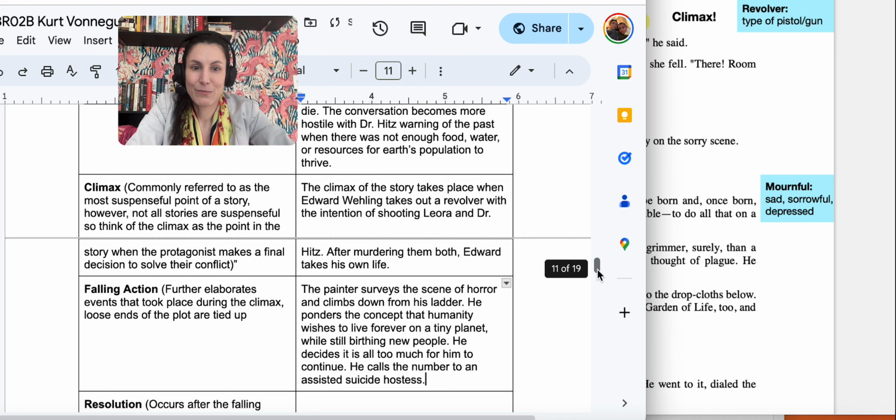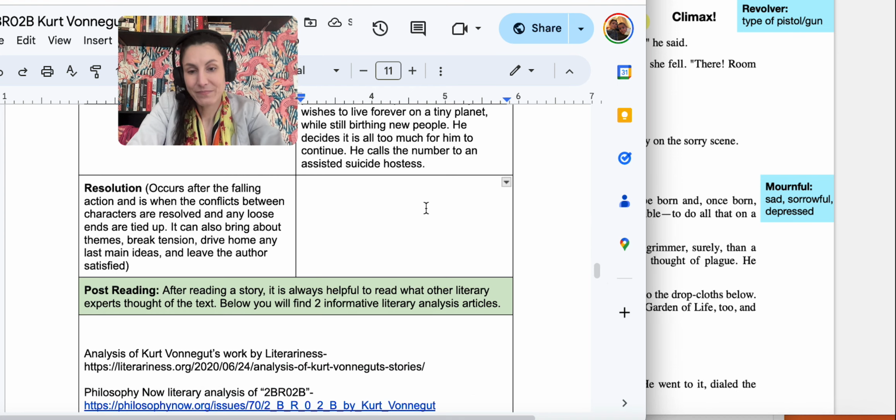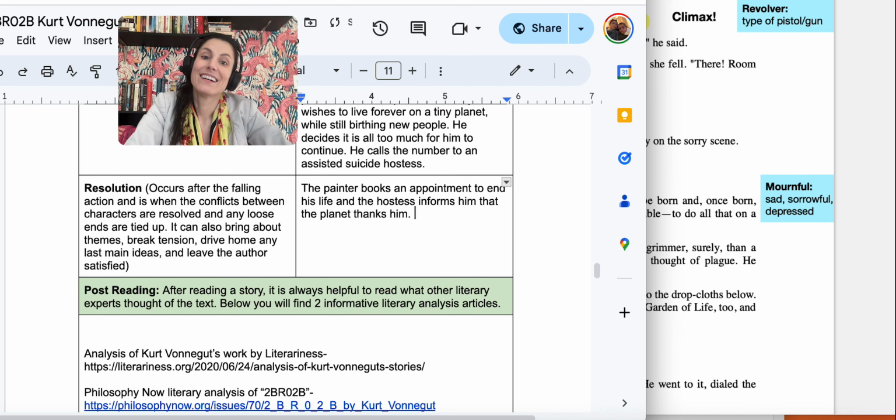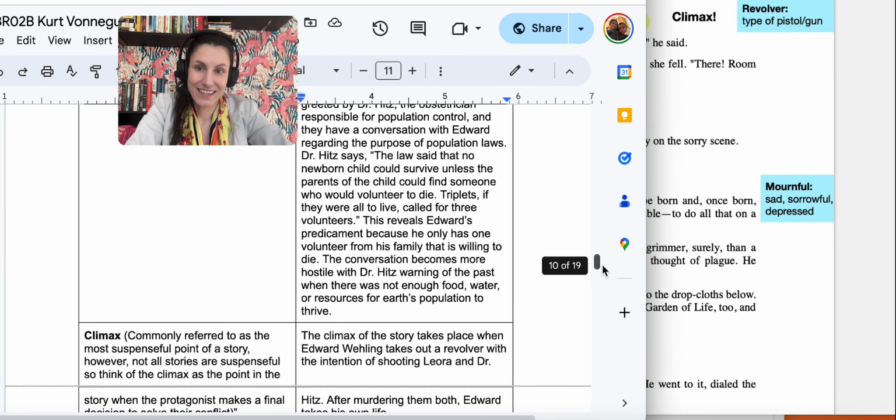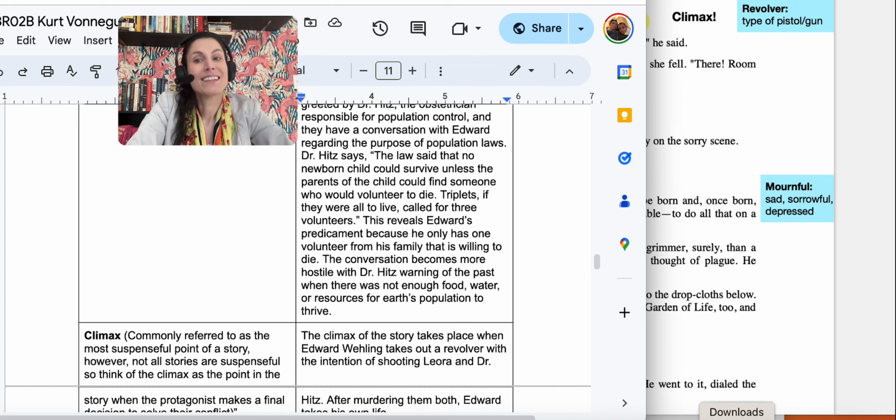And finally, we will say the painter books an appointment to end his life, and the hostess informs him that the planet thanks him. And that would be your structure of the story. As you can see, the rising action is most definitely the longest one.